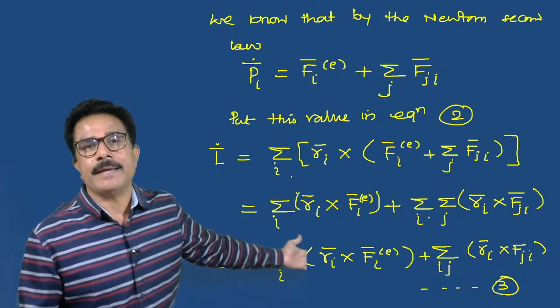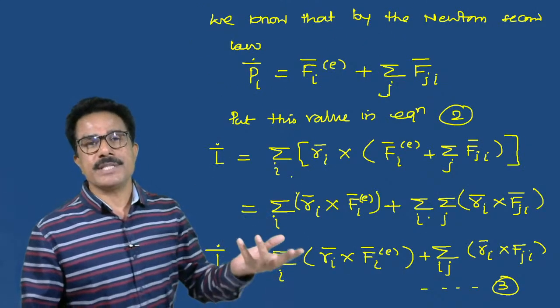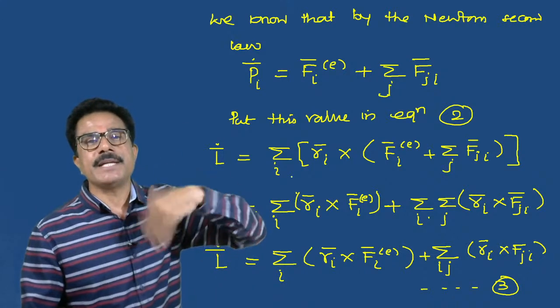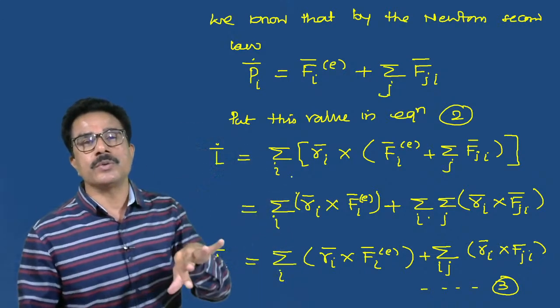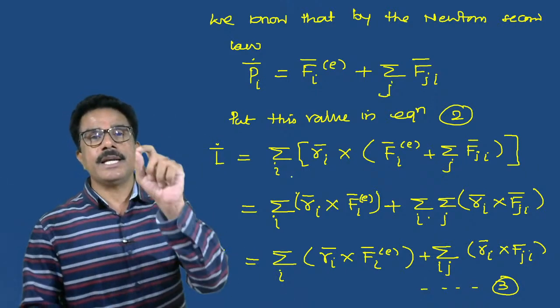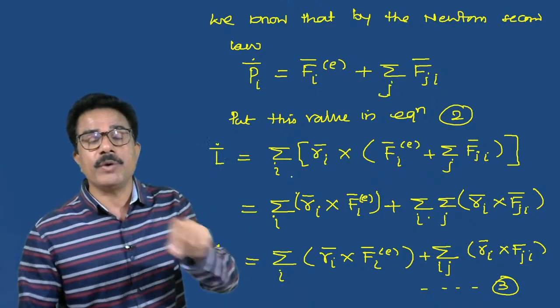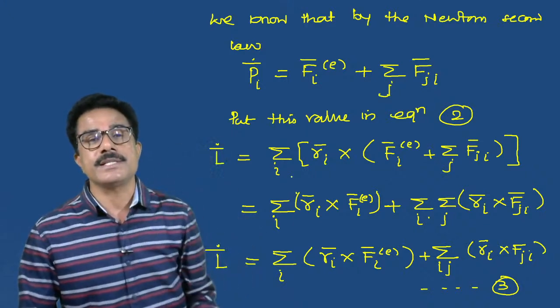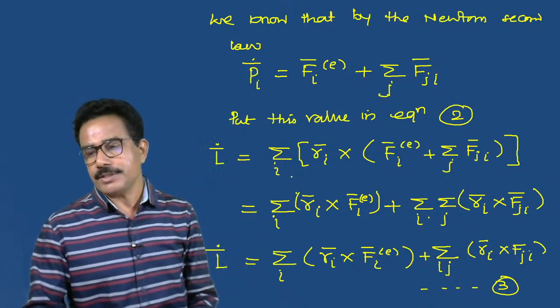We proved this yesterday: internal forces of one particle on another particle of a rigid body are always 0. If it is a rigid body, the internal forces on each other are 0.